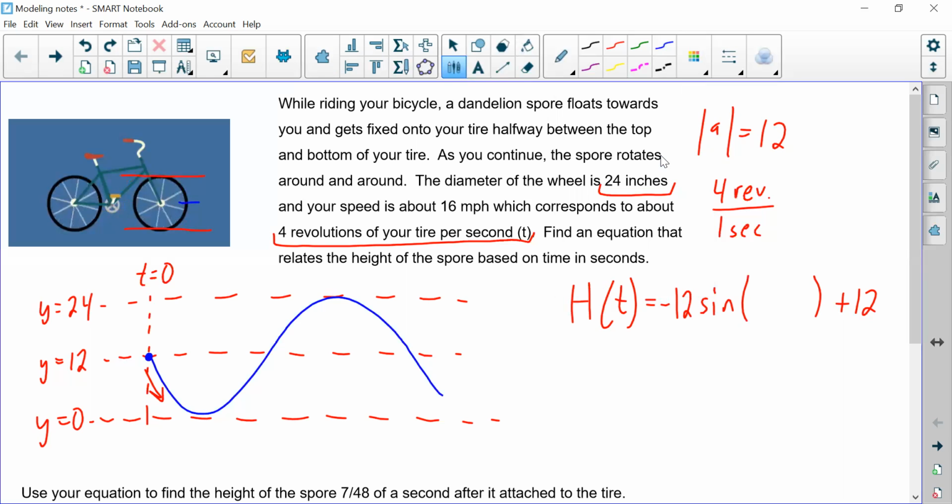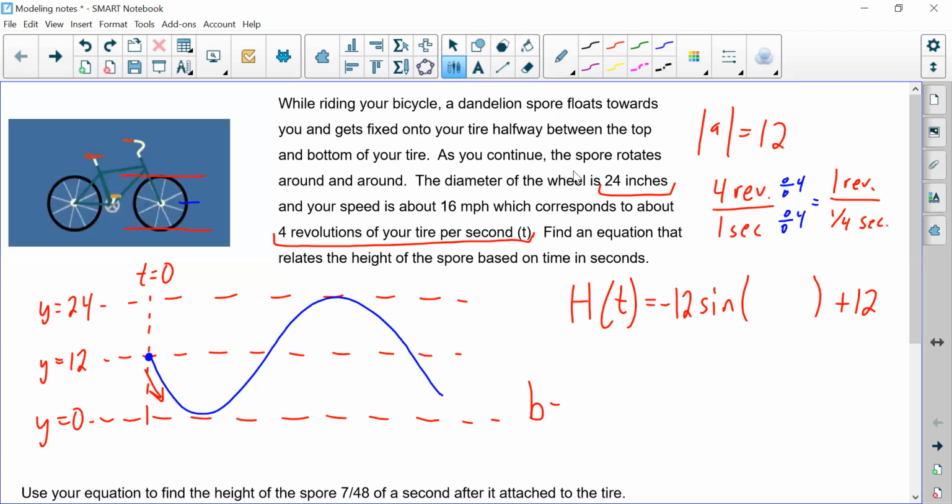I could do 4 revolutions in a second. How long do I need to do just one revolution? Well, mathematically, you could divide by 4, but I'm sure you could just figure out your own shortcut and discover that 1 revolution will occur in a quarter of a second. So the period is 1/4.